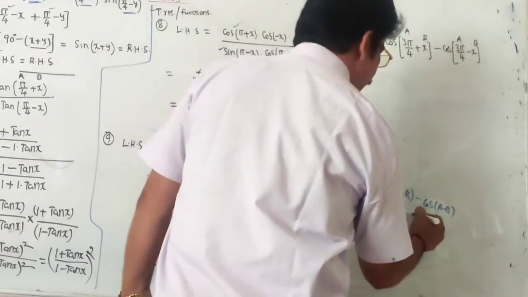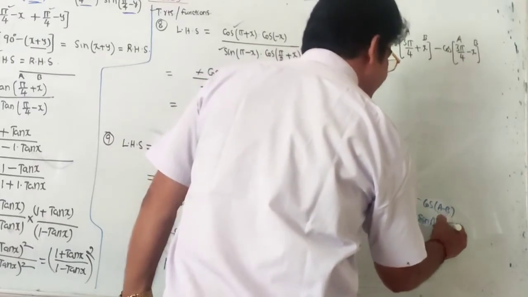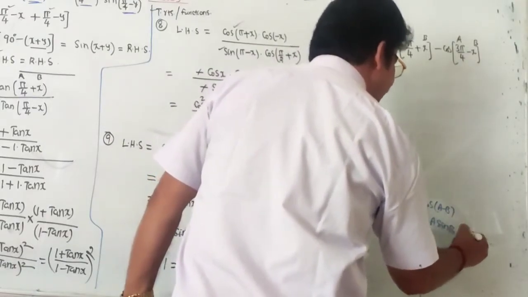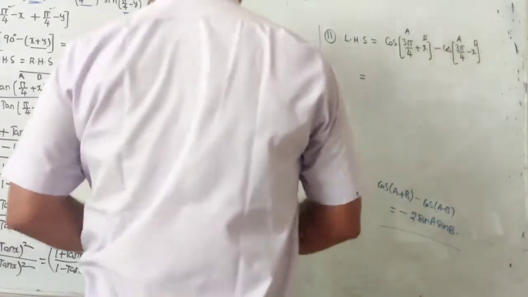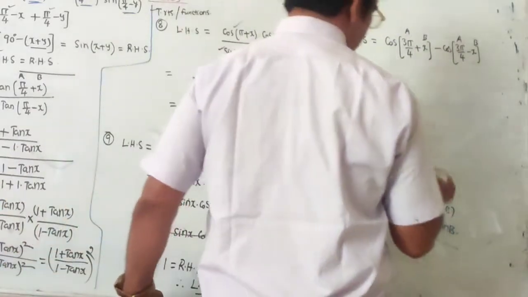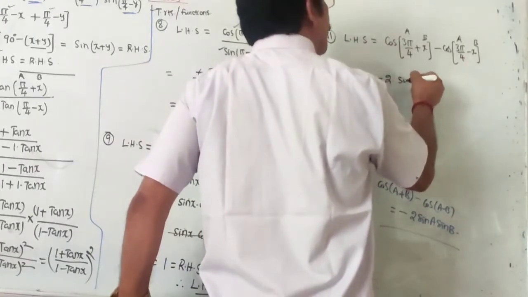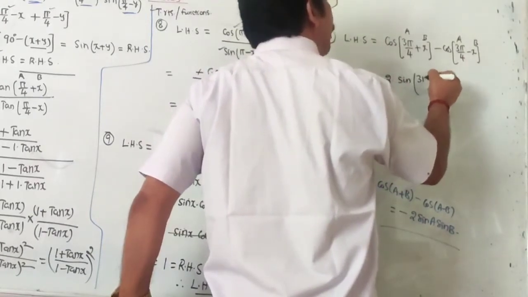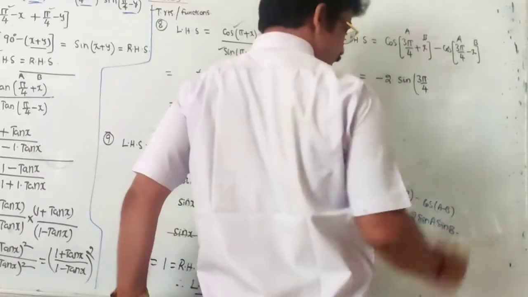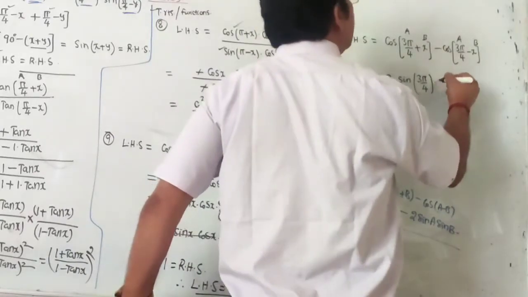Already I said, minus 2 sin A sin B. So according to the formula, minus 2 sin A sin B.